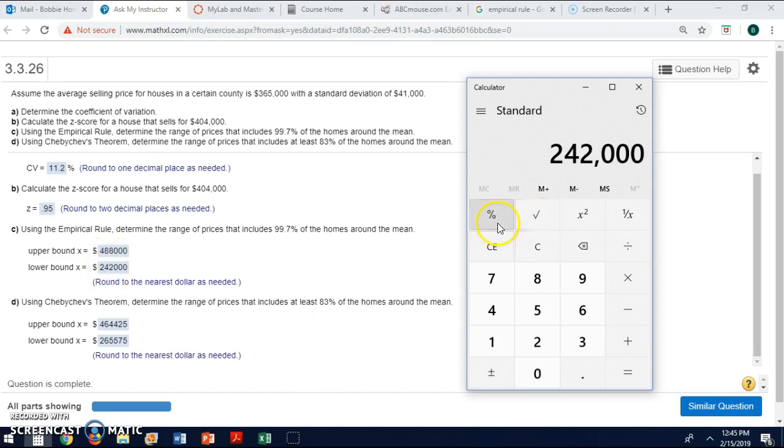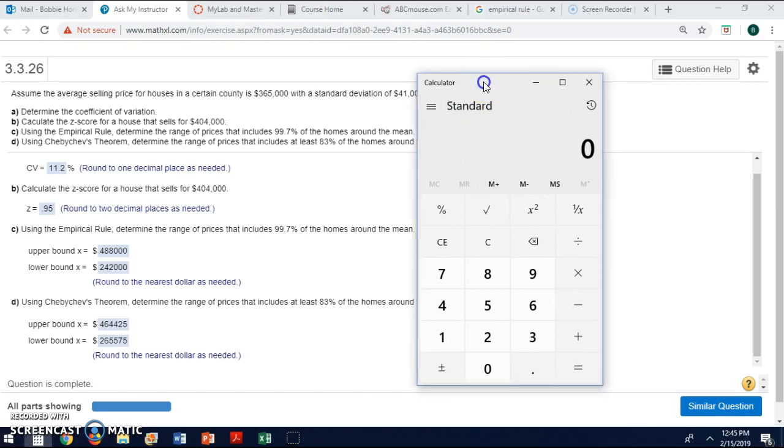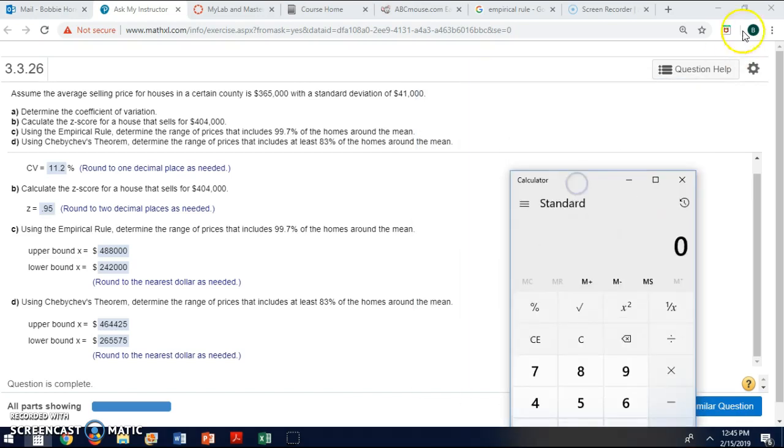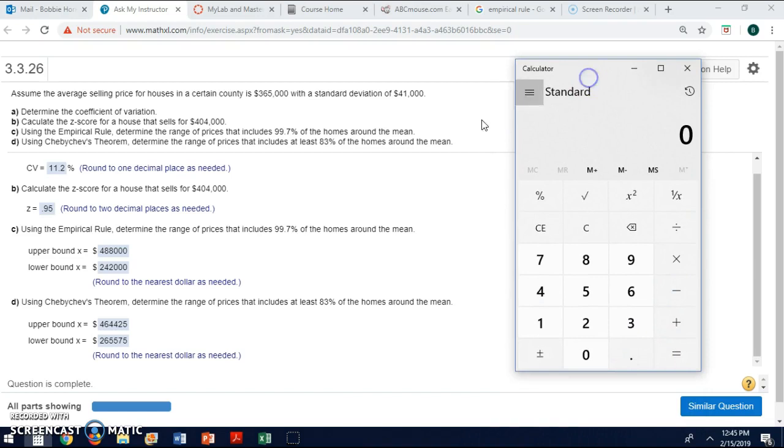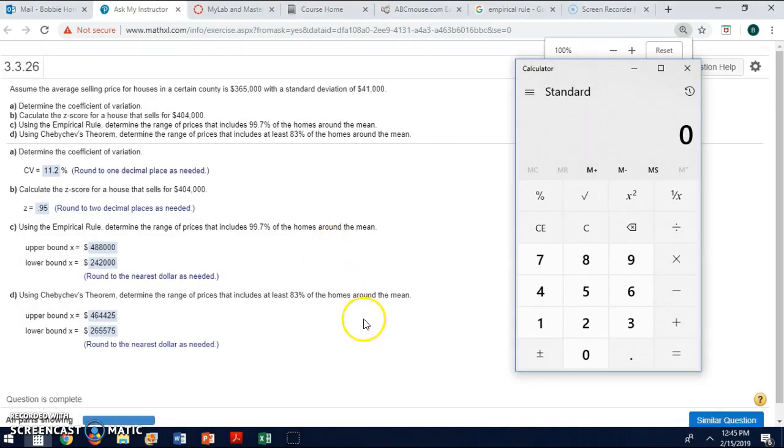Now, Chebychev's is a little bit more difficult to compute, and you can look in the question help to see the formula. Basically, you take 1 minus the percent, so 1 minus 0.83 would be 0.17. Once you get that number, that is what you divide by.